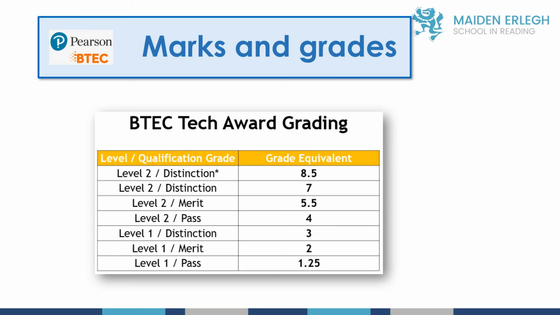The distinction star can only be achieved once all the assessments are actually marked together. So you only get the distinction star, which is obviously A star material, when you've got your 2 pieces of coursework as well as your exam to give you the final BTEC grading award.